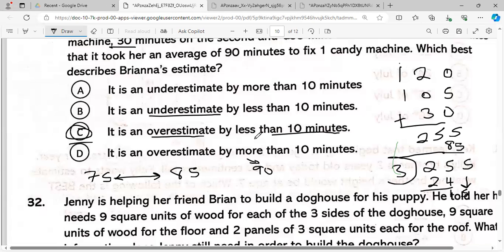Oh, sir, I still don't get it. Less than 10 could be 5, sir. Oh, I didn't see that. You get it now, Anya? Yes, sir.